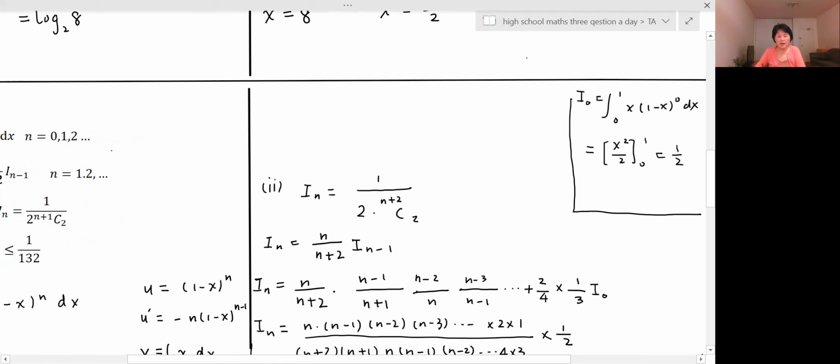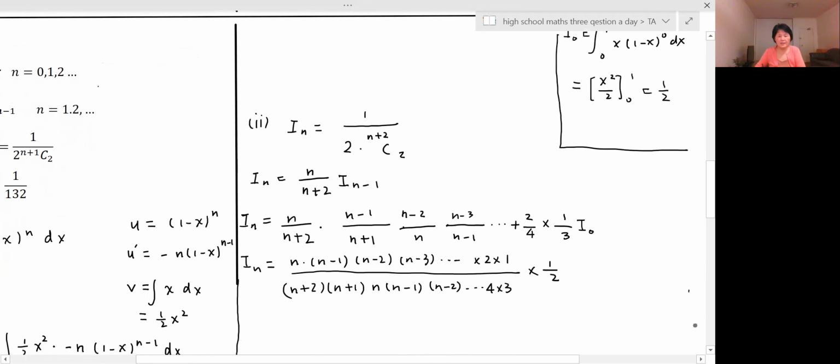Okay, so now I_0, using half to replace.